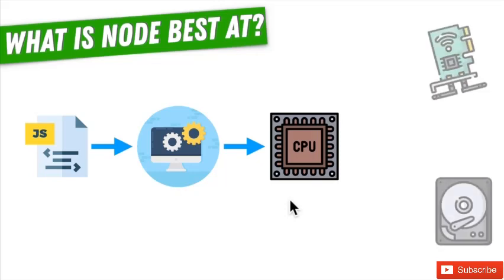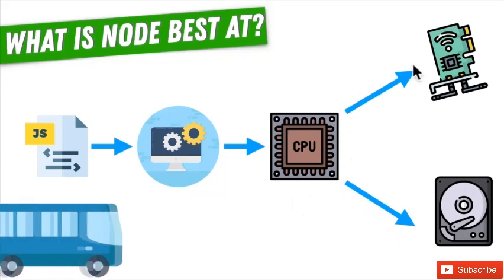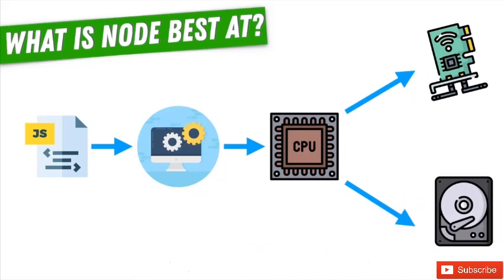And finally, as we saw before, the CPU will delegate certain tasks to your devices over a communication channel that's known as a bus. The point is that this whole system works but it's more optimized and faster in certain situations.